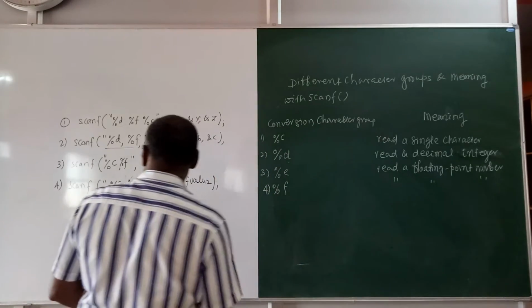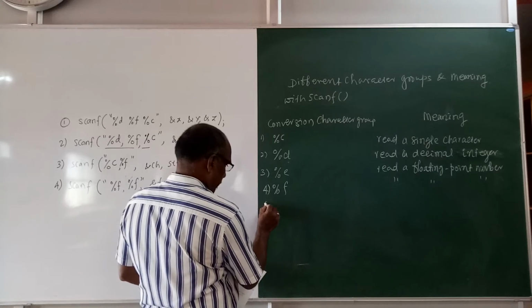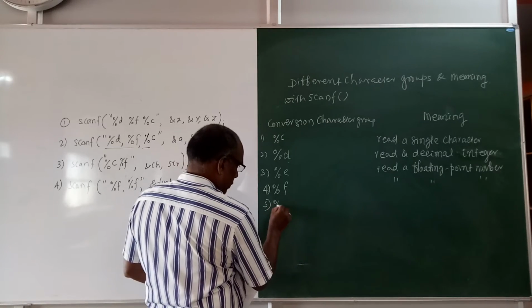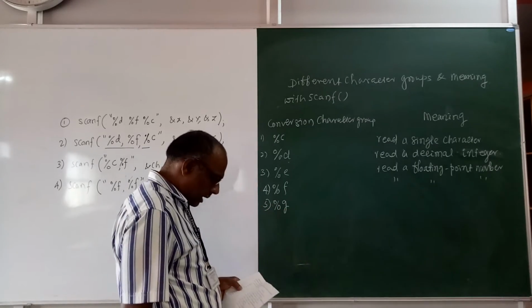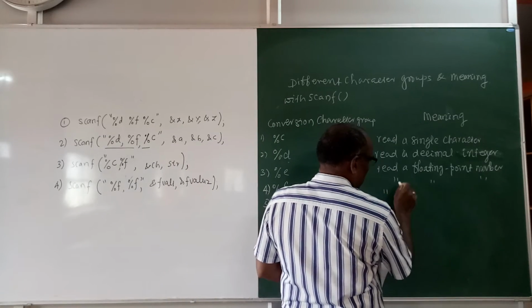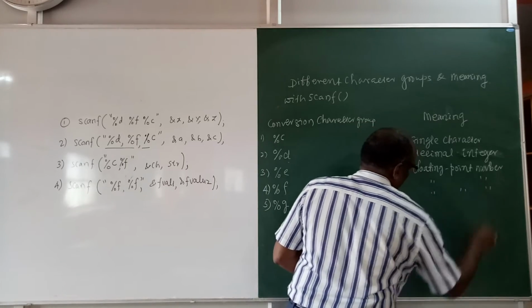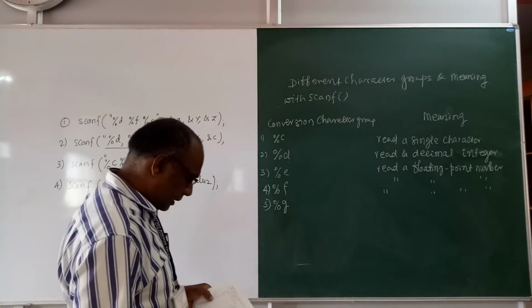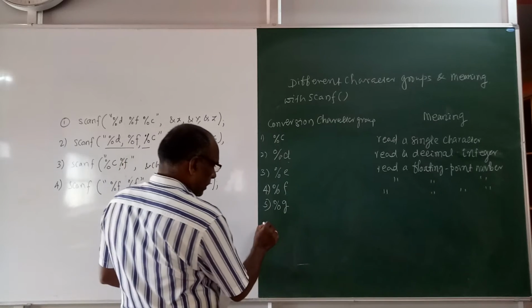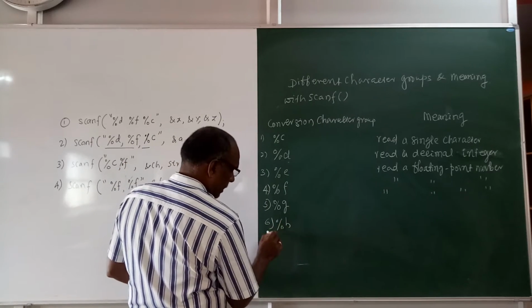Normally they use F, E, even percent G. E, F, G are used to read a floating point number, a real number with decimal point.